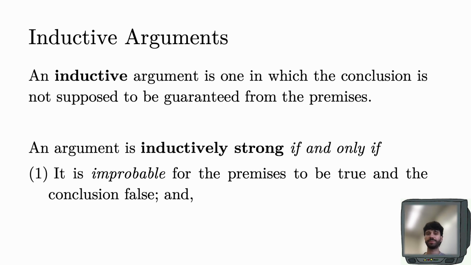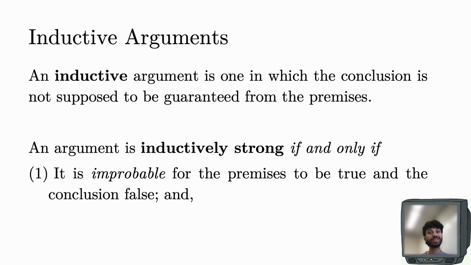And so this is the same machinery that we use to determine whether an argument is deductively valid. We take the conclusion and we say, okay, is it possible, or is it likely in this case, for the conclusion to be false if we assume the premises are true.